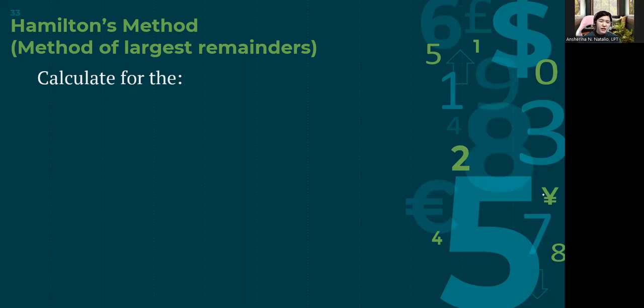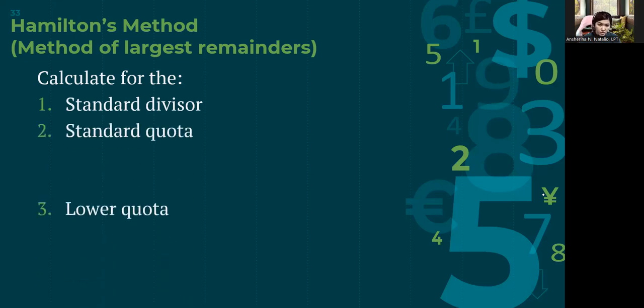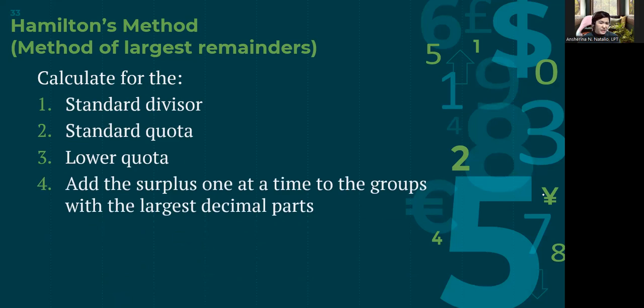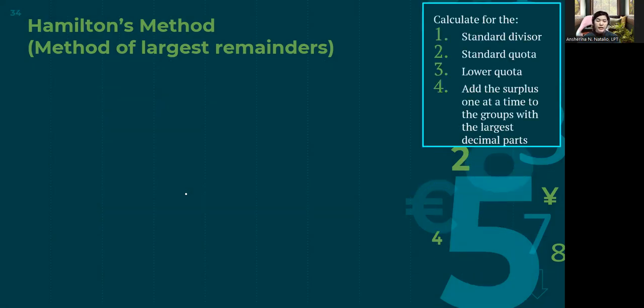The steps in doing the Hamilton's method are, number 1, calculate the standard divisor, standard quota, then the lower quota. And then, add the surplus one at a time to the groups with the largest decimal point. Okay? Take note of these. We'll be able to understand it more through our examples.